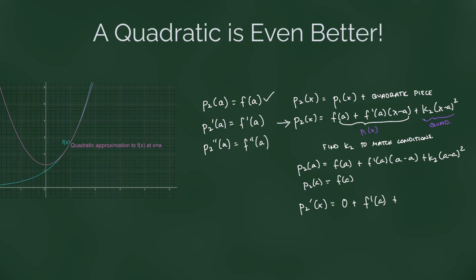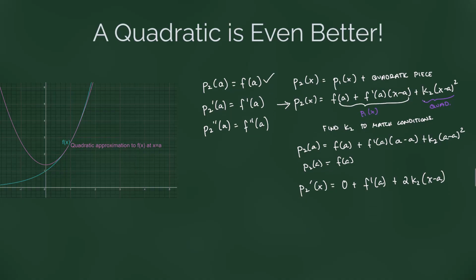And the derivative of the quadratic piece is going to be 2 times k2 times x minus a. P2 prime of a then equals 0 plus f prime of a plus 2 k2 times a minus a. Well, that is just f prime of a, and we see that our second condition has been met.